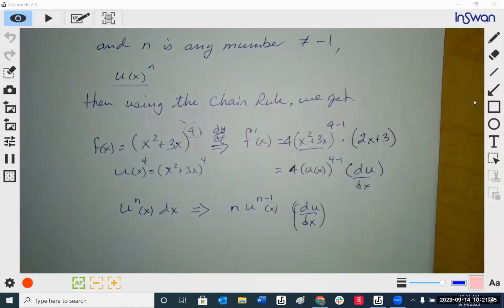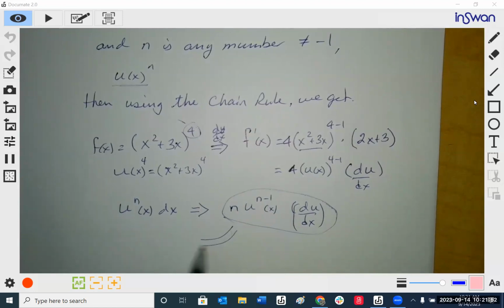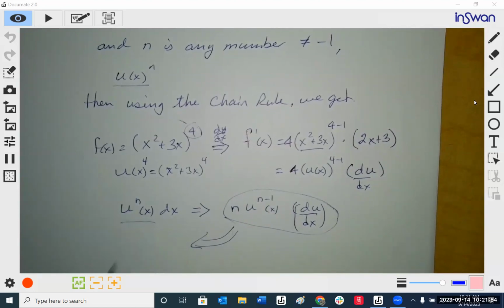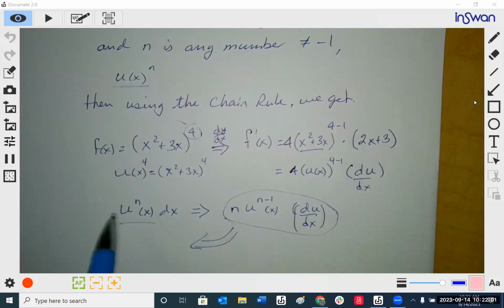How does this relate now to integrals? With integrals, we have to be able to go from this back to this. So in order to go back, we have to make sure we have all of these conditional parts. The coefficient has to be the exponent of the original.